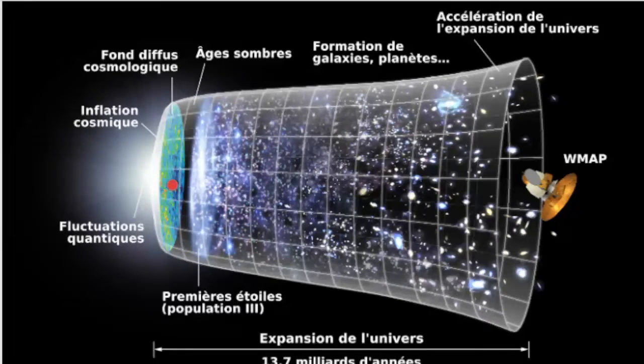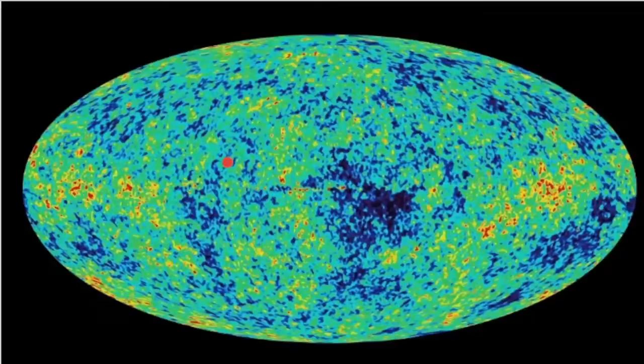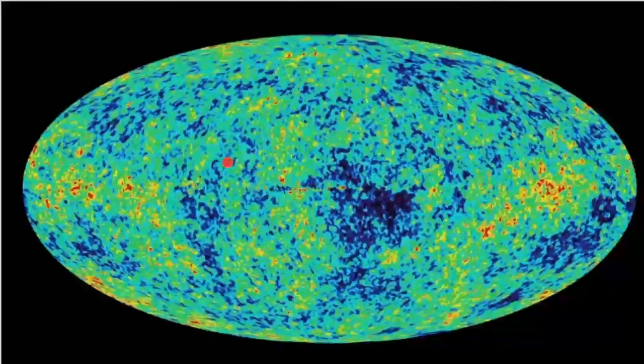Thus, the whole universe was just like a big soup of electrons, protons, and other atomic particles, all running very fast and chaotically, in a way that the photon light cannot find its way.